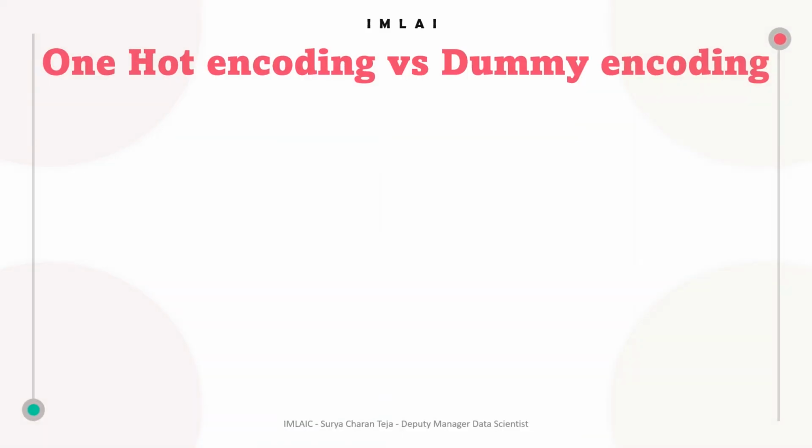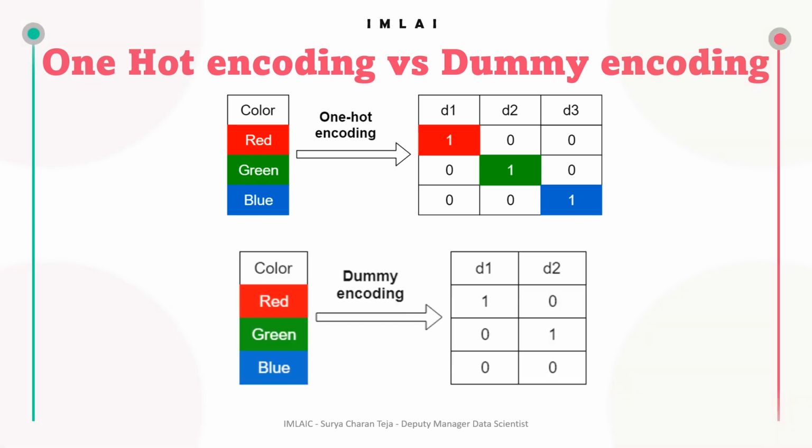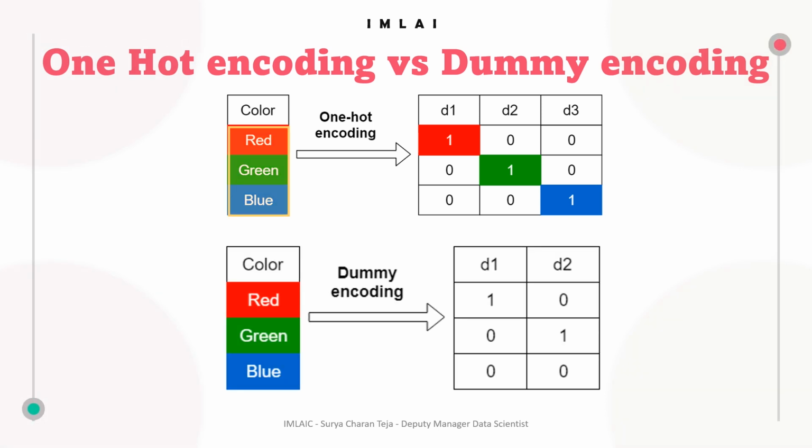So now let's see the difference between OneHot encoding versus dummy encoding. Let's put it simply. We have a categorical or nominal variable consisting of three categories: red, green, blue. That means our n value is equal to 3.